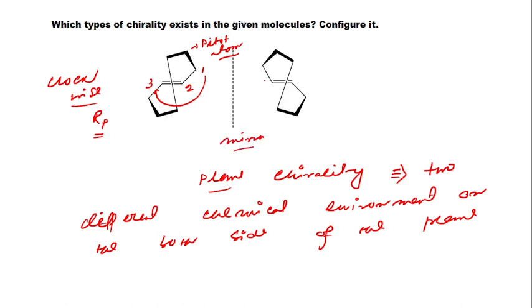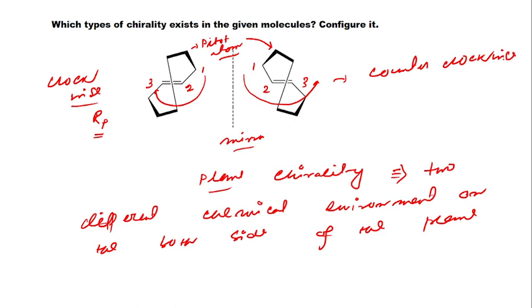Now this is the pilot atom here, because it is the first out-of-plane atom on the preferred side. So this is the preferred side, this one, that's why it is the pilot atom. Okay, so this is 1, this is 2, this is 3, and 1 to 2 to 3 here I find this is counterclockwise.